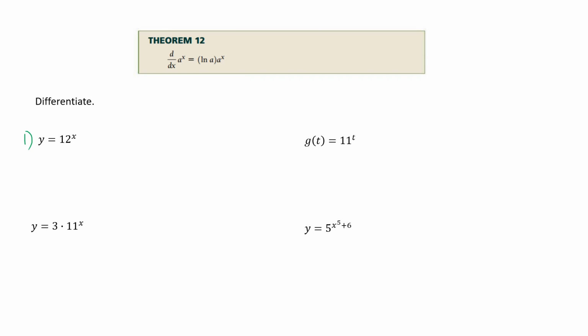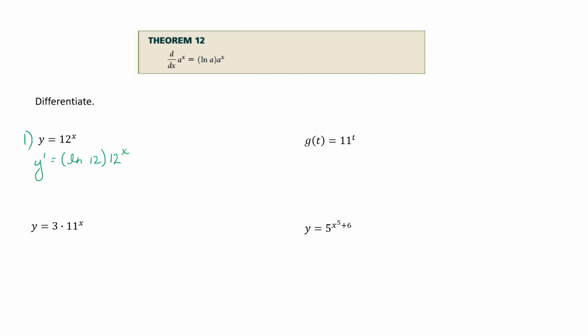So we have y equals 12 to the x. Extremely straightforward. Y prime is going to equal, in this case, a is 12, so the natural log of 12 times 12 to the x.